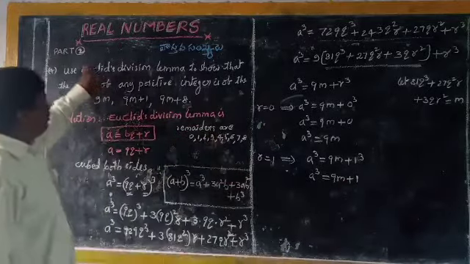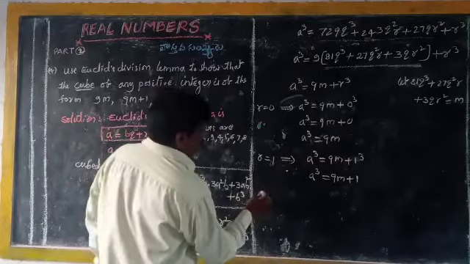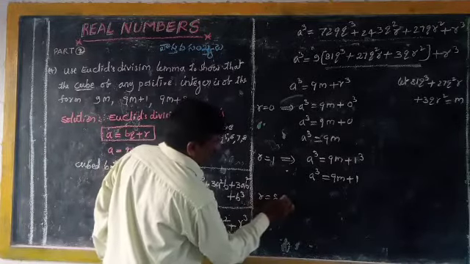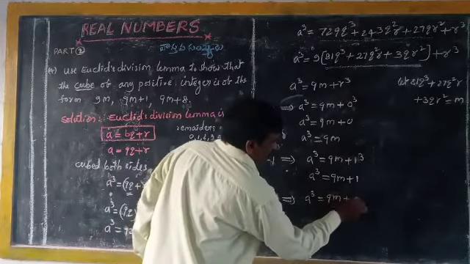It is also in Euclid's division lemma. Next, if r = 8, then a³ = 9m + 8³.